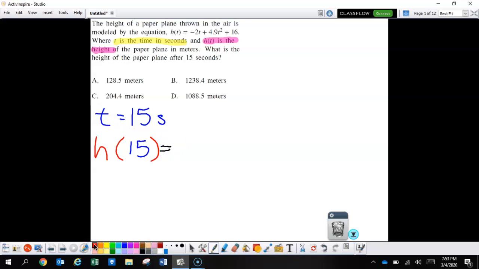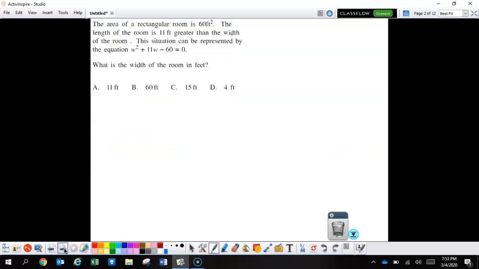So this will be negative 2 times t plus 4.9 times t squared plus 16. Okay, so we're plugging in 15, right? And then this is where you do your calculations. You'll have a calculator tomorrow. You'll have the Desmos. So go ahead and calculate this, and that is your first answer. All right, I'm going to go to the next one.